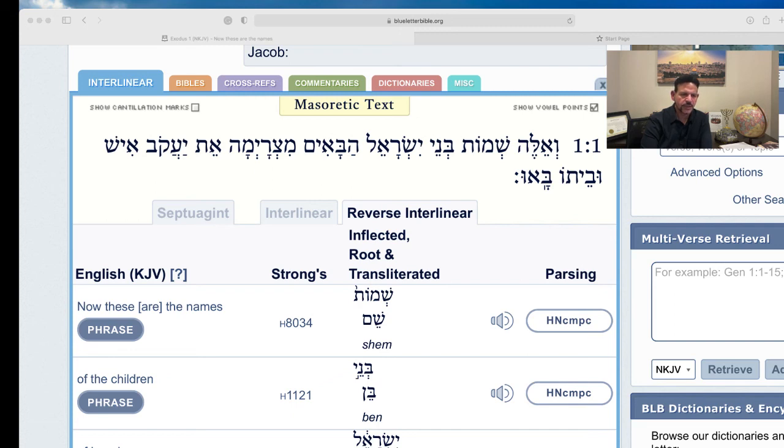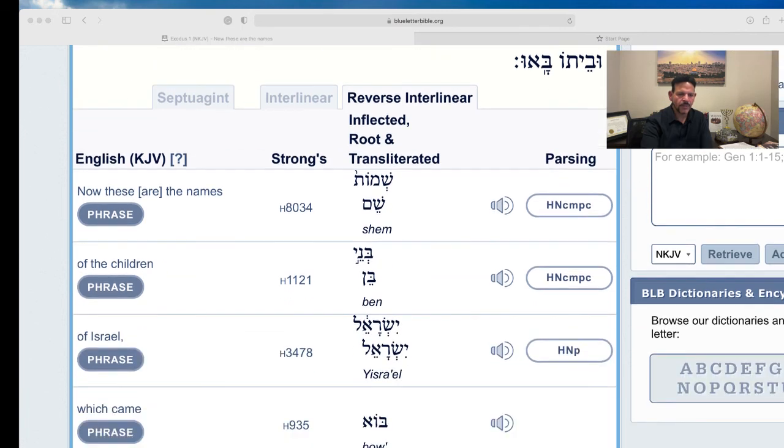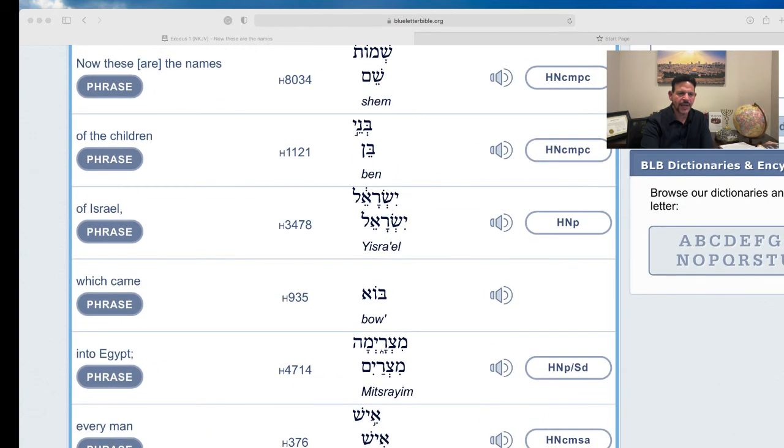Where were they coming? Towards Egypt. Here's Mitzrayim, but in the form Mitzrayma. So instead of having the mem sofit as the final letter there, we have the kamatz underneath the mem and a hey added, and that ah sound means towards Egypt.